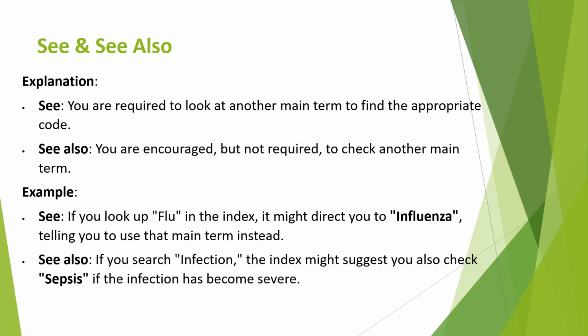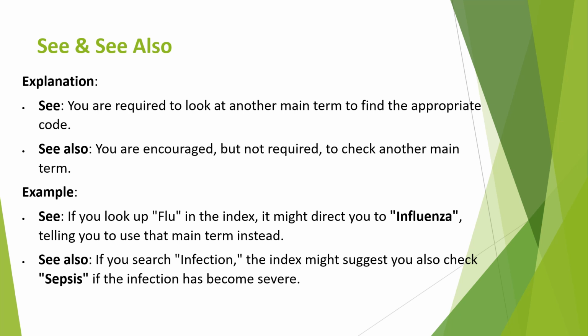Next, coming to See also. You are encouraged but not required to check another main term. This is like for confirmation. For example, if you search infection, the index might suggest you also check sepsis if the infection has become severe. If the provider has not documented anything related to sepsis, you don't have to code for sepsis.